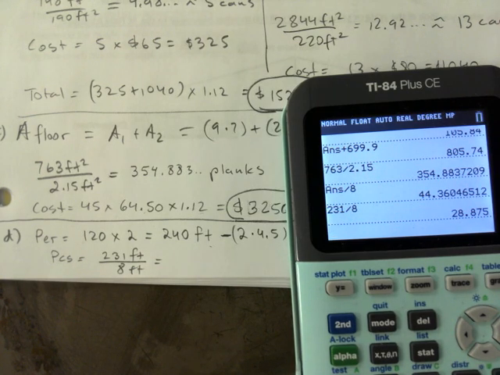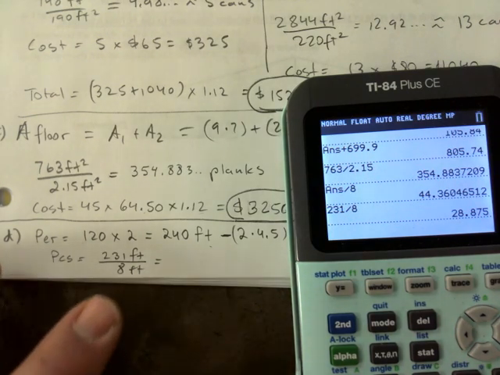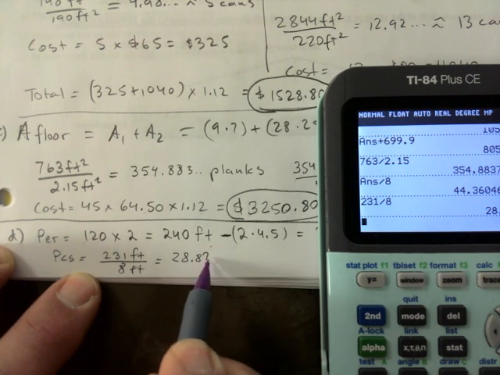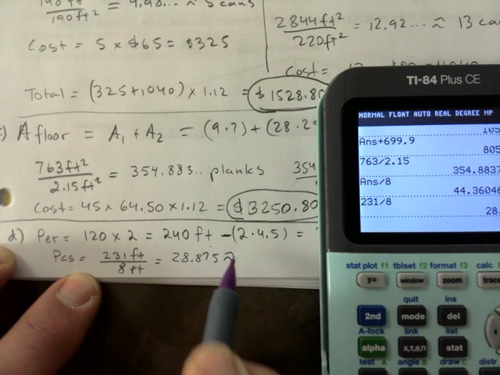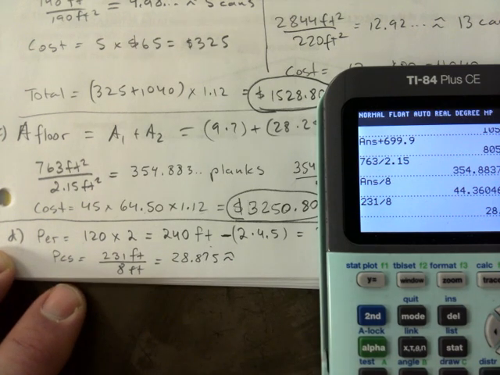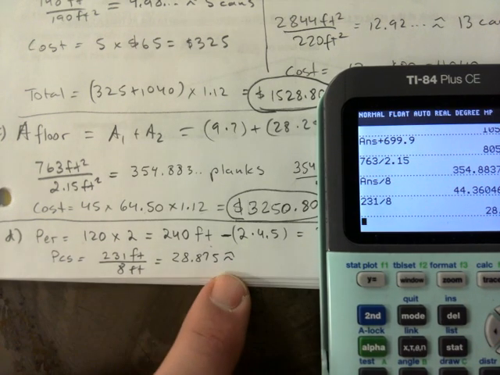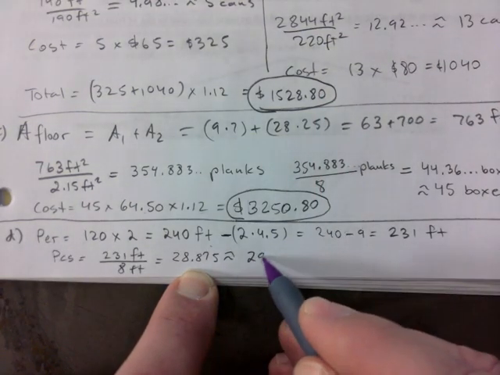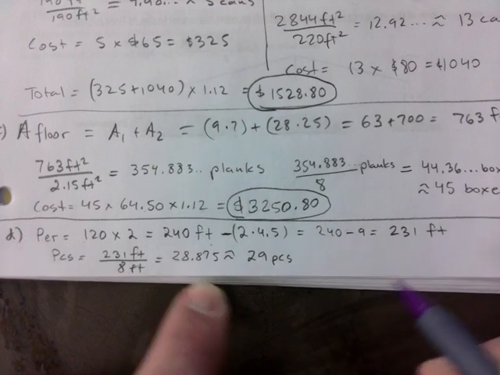That's 28.875 pieces, which is approximately, you can't buy partial trims, right? You can't buy moldings that are 0.8 of anything. So you're going to say 29 pieces.